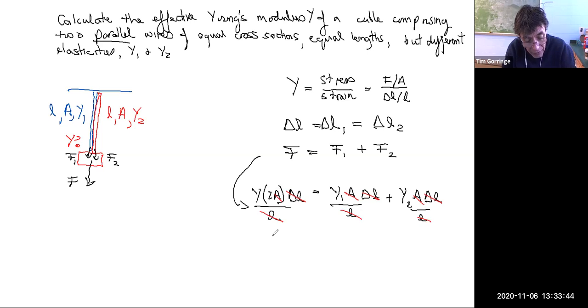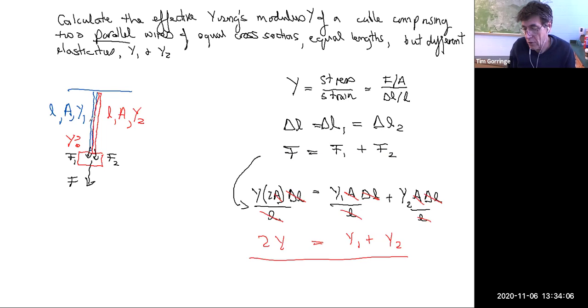And we're left with a relationship that 2Y, 2 times the effective Young's modulus of the cable, is the sum of the individual Young's moduli. And so that's the relationship between the individual Young's moduli of the two wires with the two different materials and the effective Young's modulus of the entire cable.